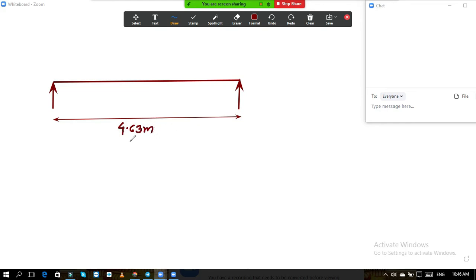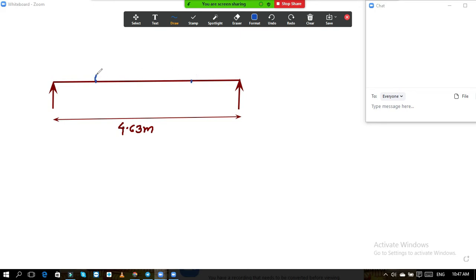Now out of this 4.63 meter, the going length is about 2 meter, and on that going length there is a UDL which is of different magnitude, and on the remaining landing portion the UDL is of different magnitude. That is why we are showing it like this. Suppose that 2 meter length starts from this point and ends somewhere here.